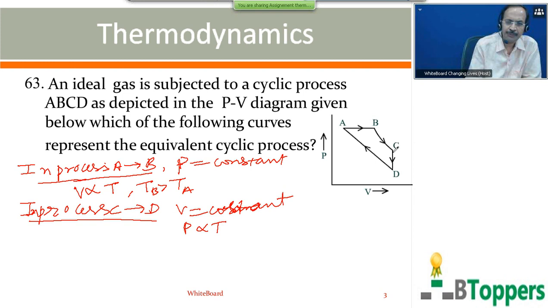So in the process C to D, you can observe from the graph, pressure at D is less than pressure at C. Pressure is decreasing. The pressure of the gas decreases at constant volume. Temperature also decreases. So temperature at D is less than the temperature at C.